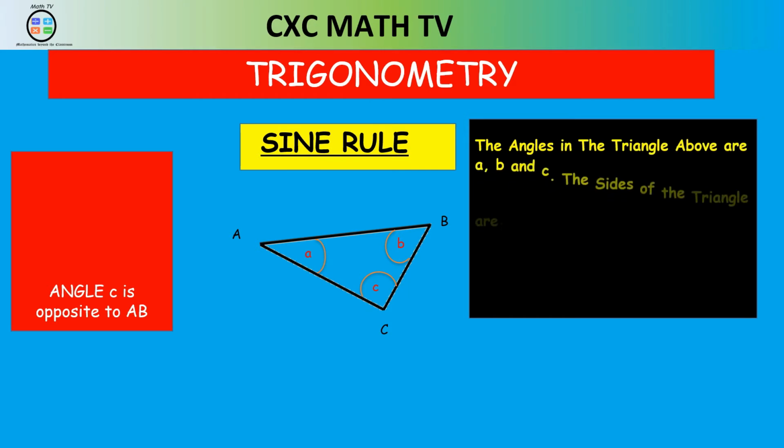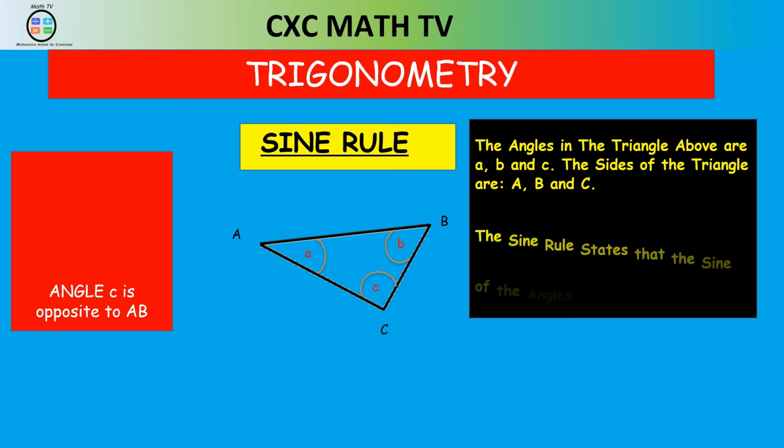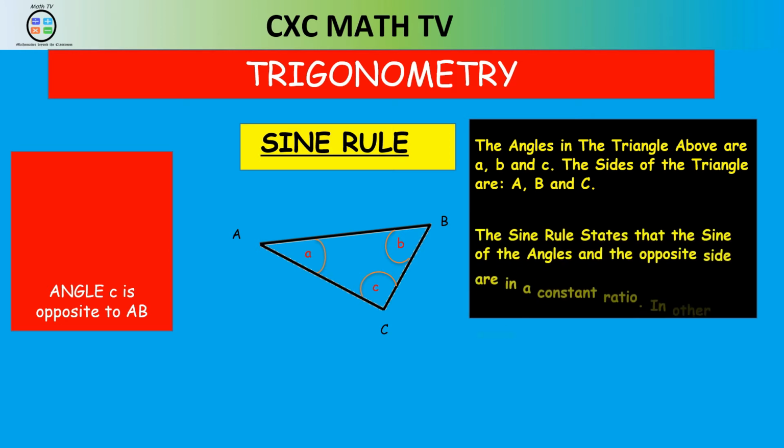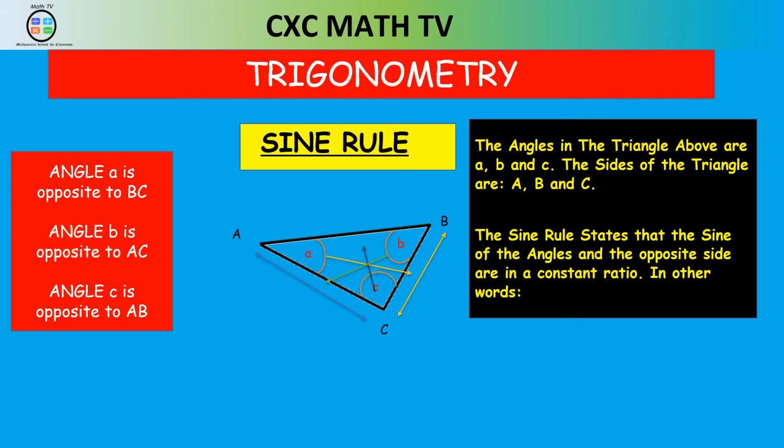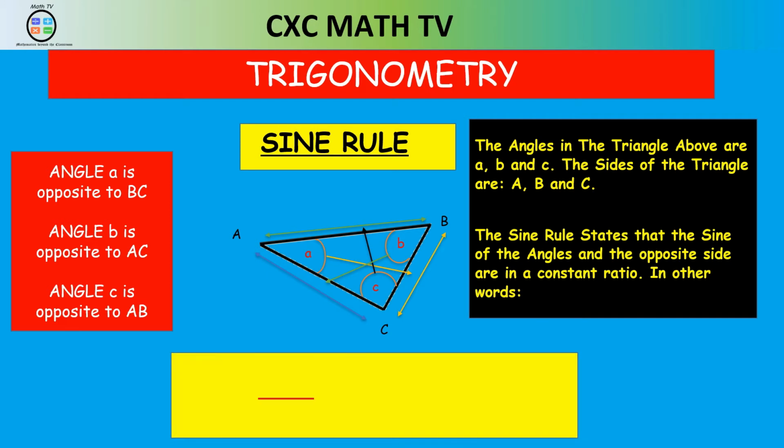What we mean is, the angle at A, the side opposite to it is BC. So sine A over BC is equal to sine B, the angle at B, over the side opposite to B, which is AC. That is also equal to the sine of angle C divided by the side opposite to C, which is the length AB.